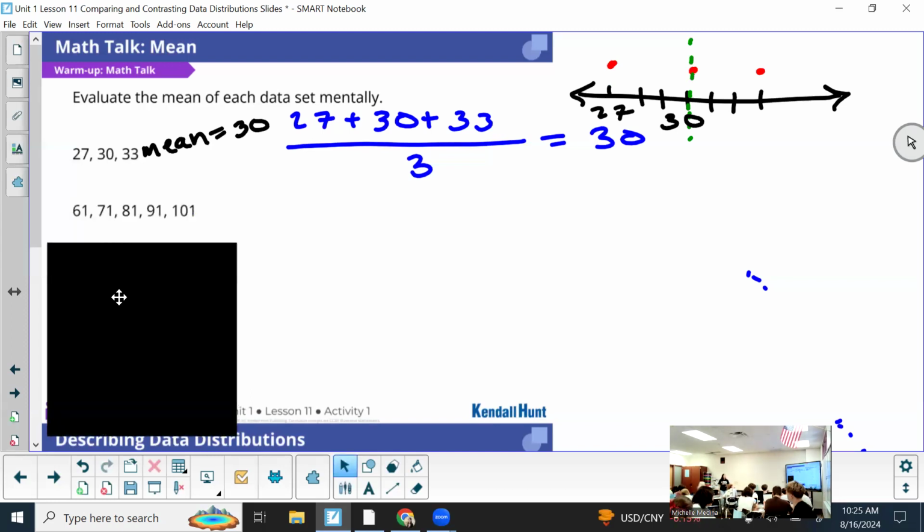So now here's the next data set. 61, 71, 81, 91, 101.